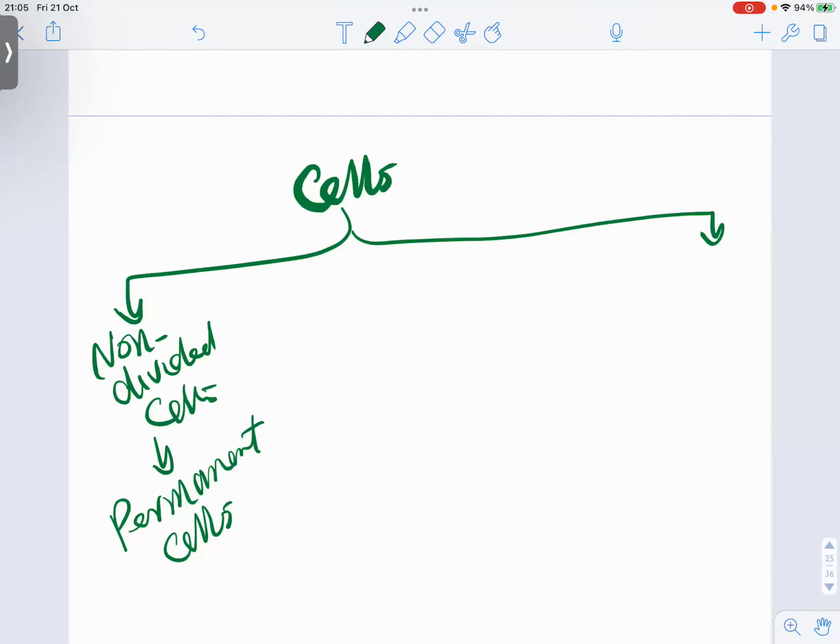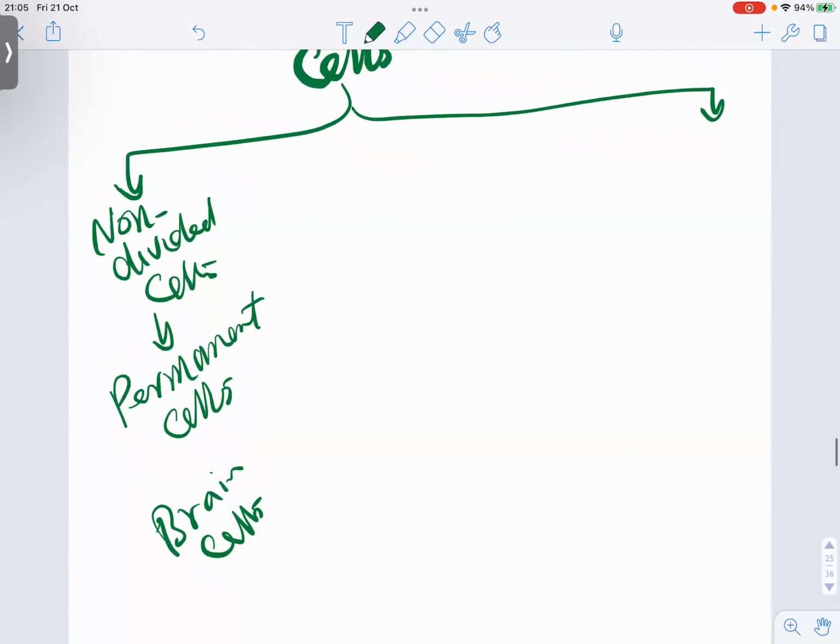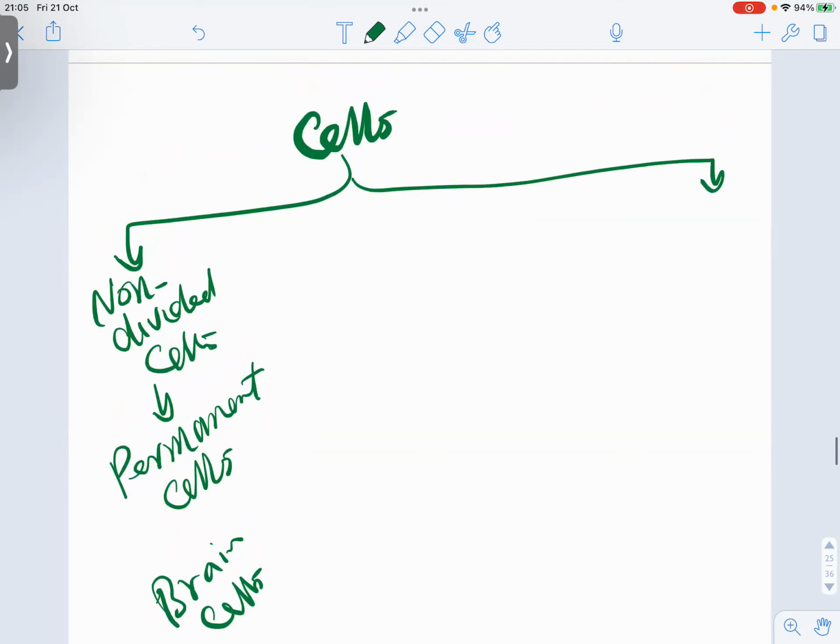Like brain cells, you are born with a specific number of brain cells and you cannot increase it, or if you get some damage in brain cells, you cannot restore the number of brain cells anymore.